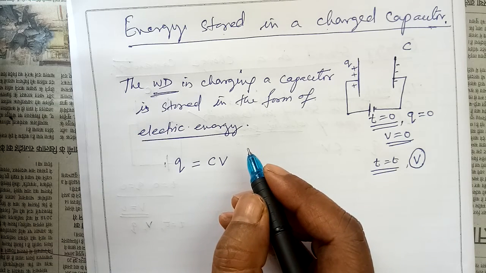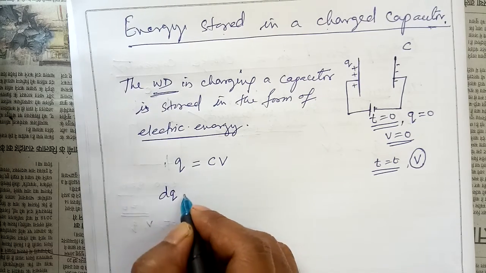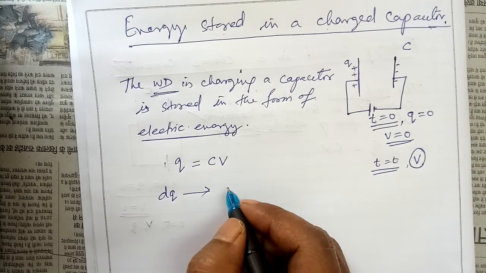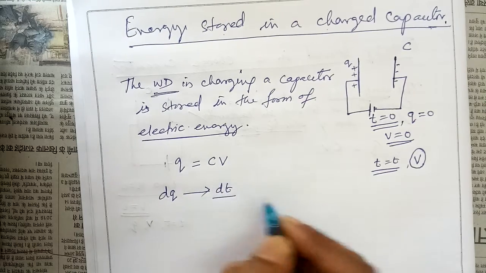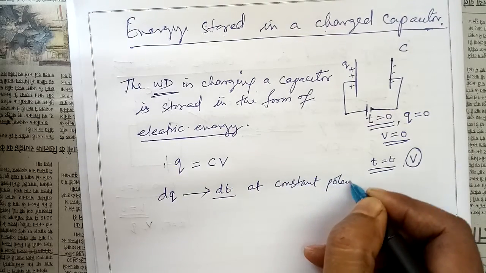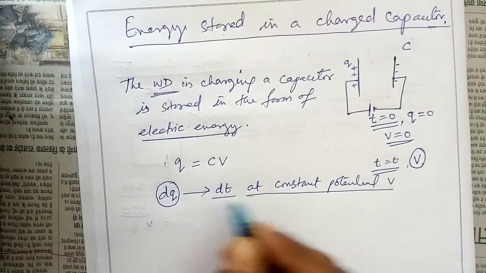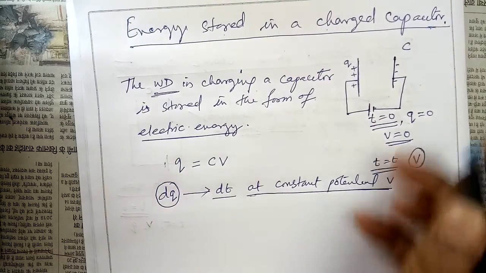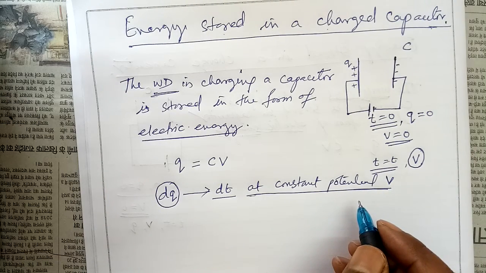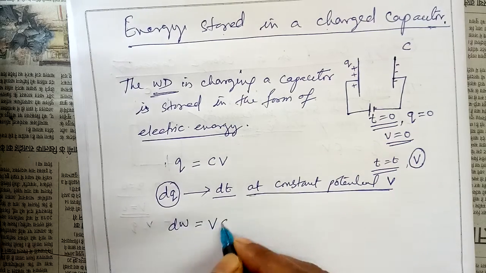Now suppose that the battery supplies a small amount of charge dq for a time dt at constant potential V. Suppose we keep on supplying charge dq from the battery without changing the potential of the battery, which is maintained at V. Then the amount of work done by the battery will be given as dW is equal to V dq.